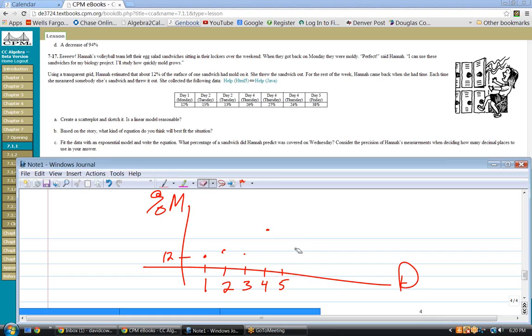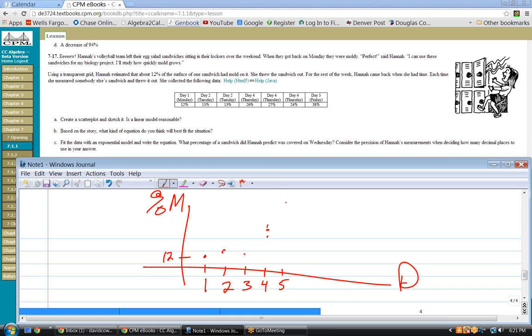Interesting. So each time she measured somebody else's sandwich, she collected the following data. On day 4, there's actually 3 different values: 26%, 27%, and 24%. That would be a cluster. It also means it's not a function because you have multiple y values for a given x value.